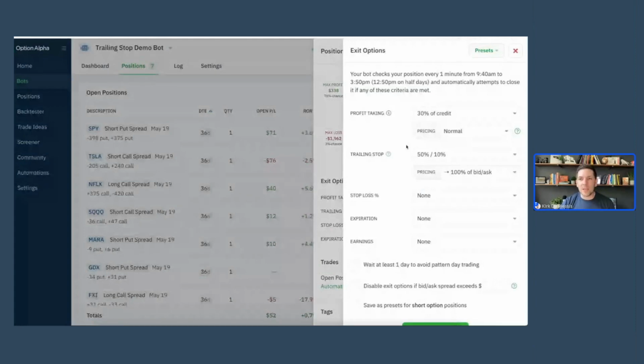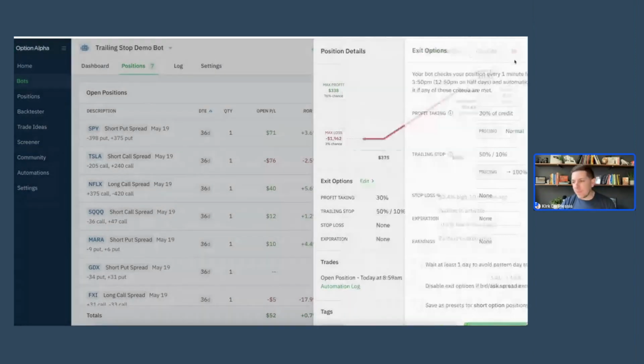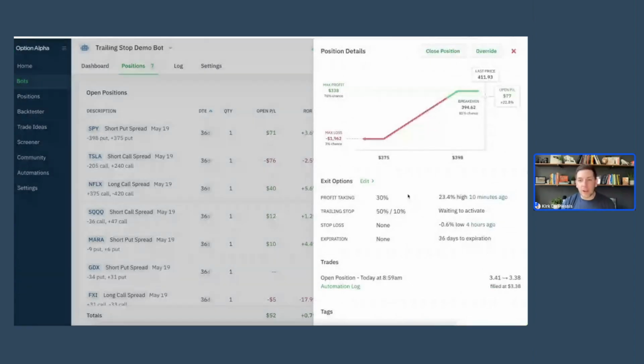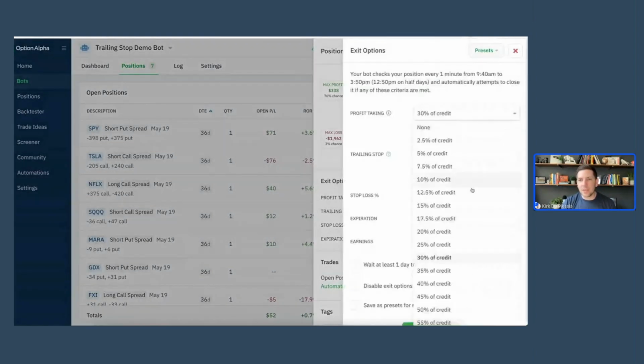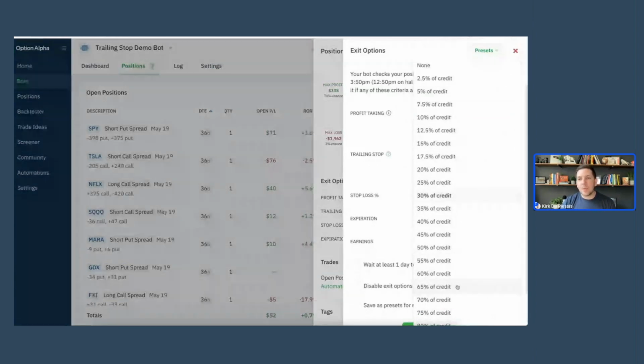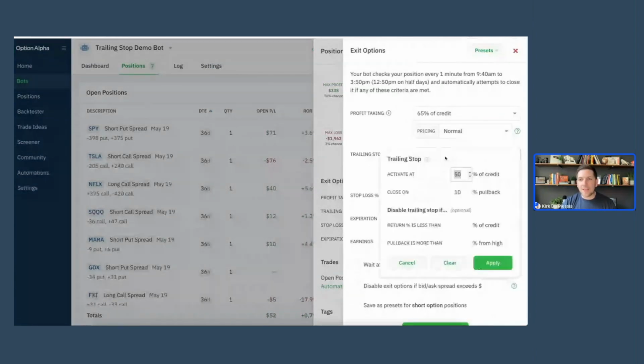Let's try a different example, using a live real-time one. Let's actually trigger it right now and see if we can get it working. Let's set our profit taking at 65%. That's fine, that's not going to get hit. But let's set our trailing stop to activate at 22%, with a 10% pullback from 22.